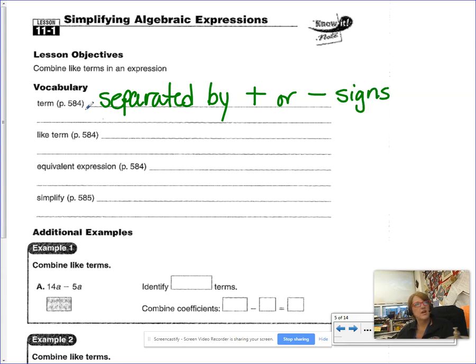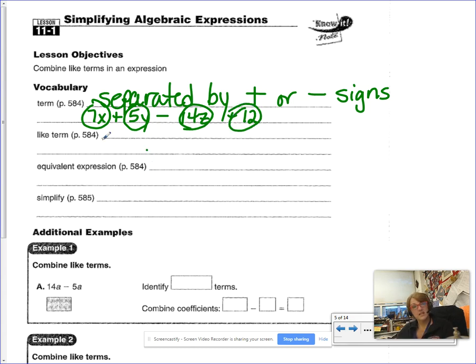And here's what I mean. Something like 7x plus 5y minus 14z plus 12. Okay? Each of these things is a term. So that's what I mean.